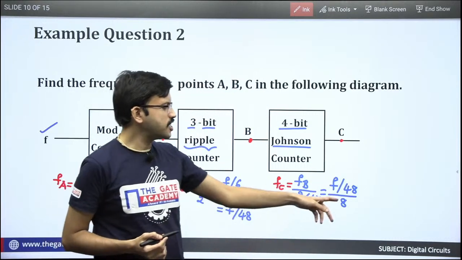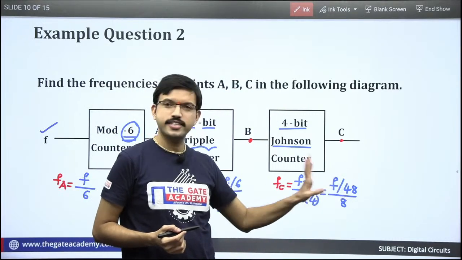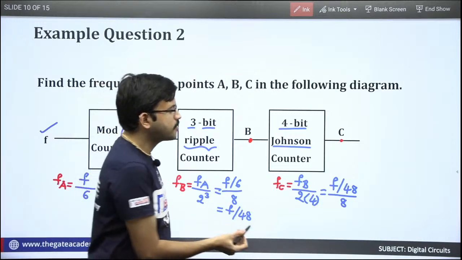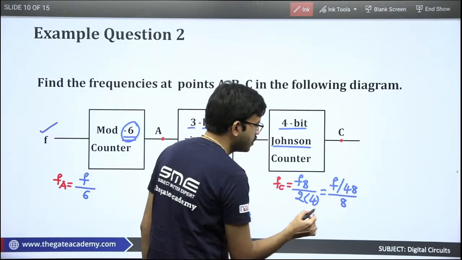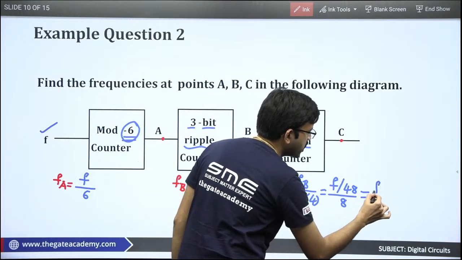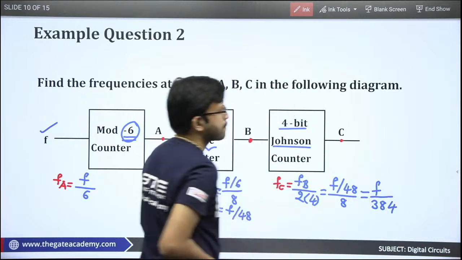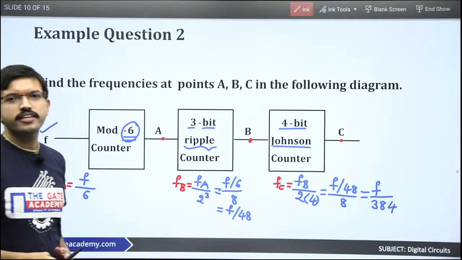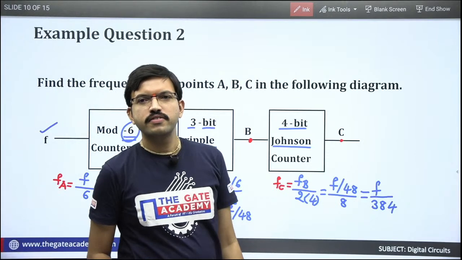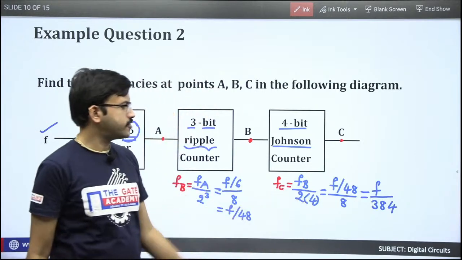Don't make a silly mistake here, 8 sixes are 48. Here both are in the denominator only, so if you do the simplification you will get f by 384, right, very good Smith, f by 384, yes.